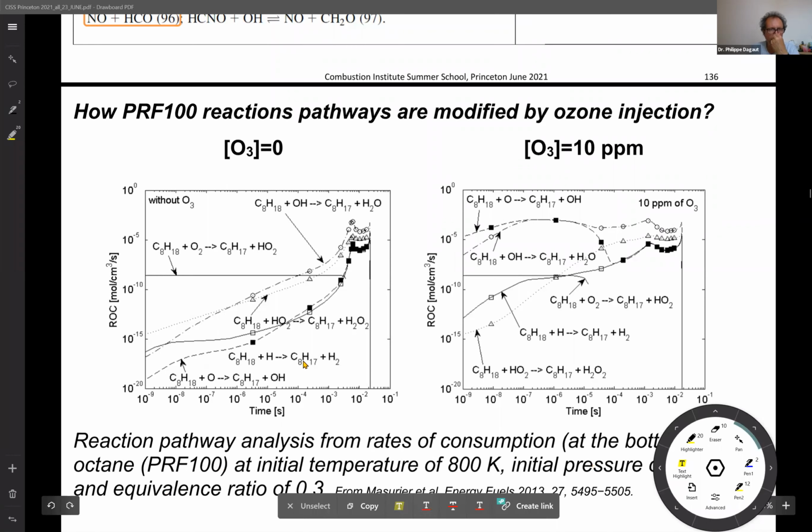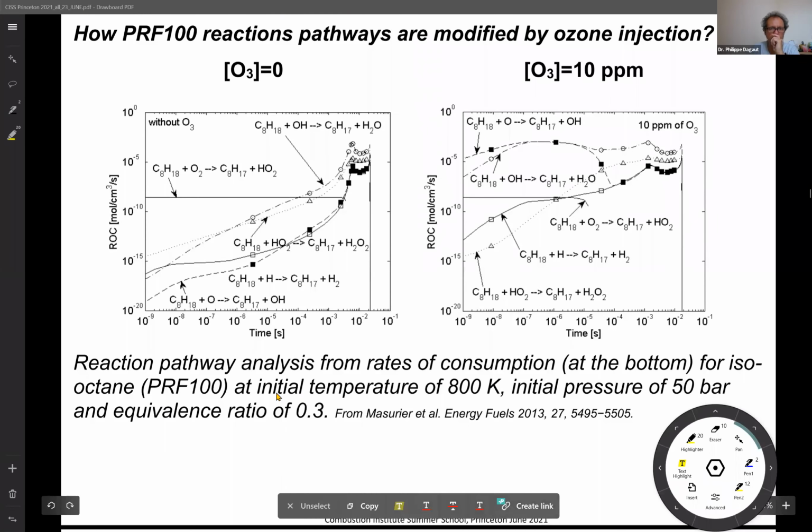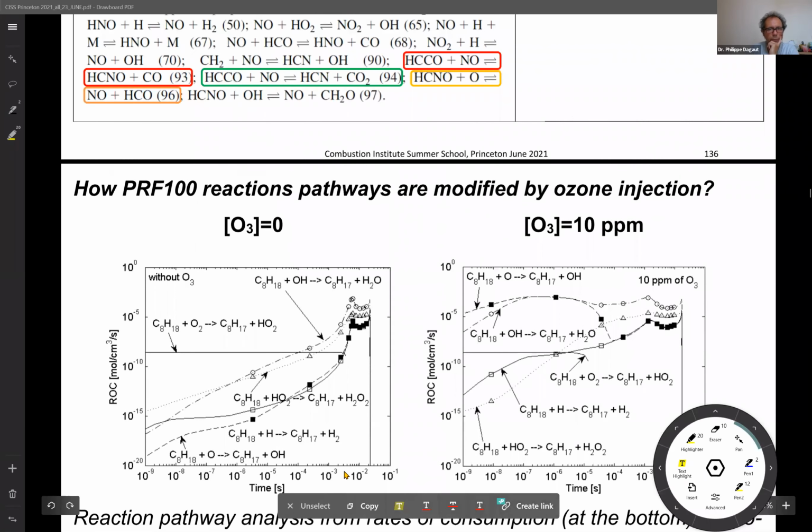And here we plot the rate of consumption as a function of time at 800 K. The initial pressure is 50 bar and the equivalence ratio is 0.3. And you can see here that there is not much reaction below about 10 to the minus 1 millisecond or 3 millisecond here.